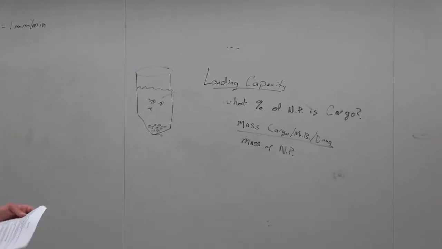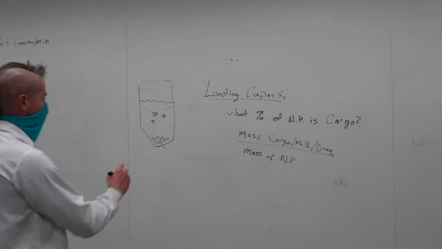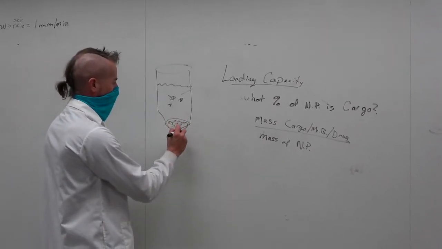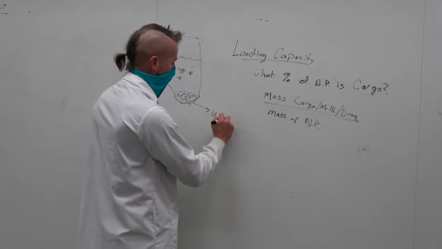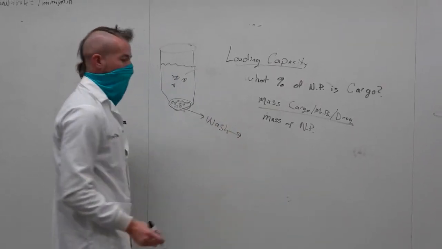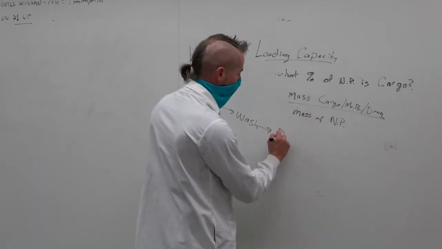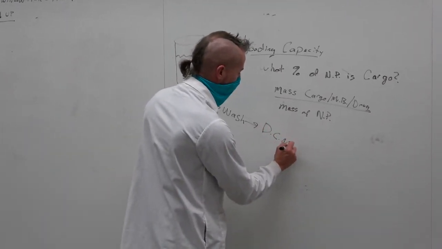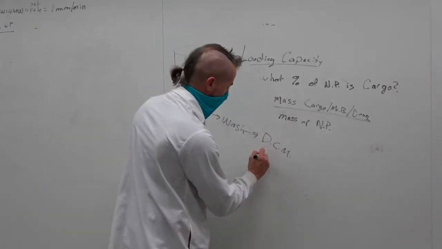And so this is going to be in section 5.4, where you take your particles, you wash them, and then you put them back into your organic solvent, your dichloromethane. You put them back into the oil.